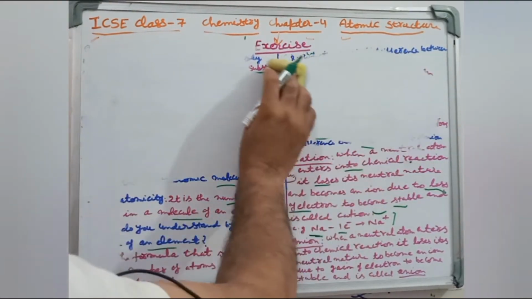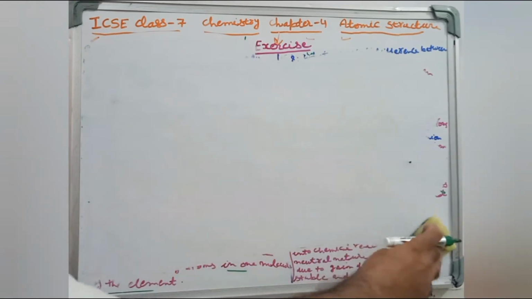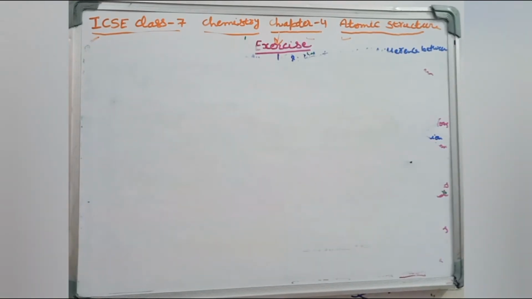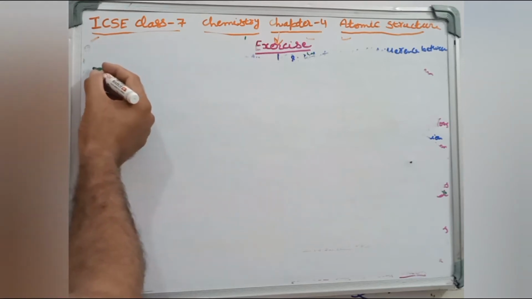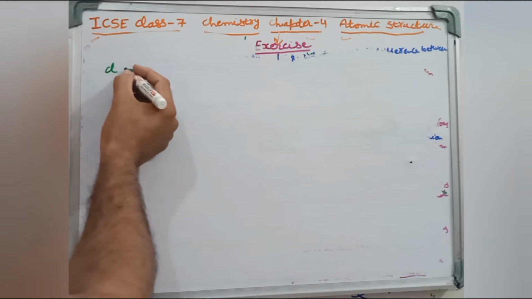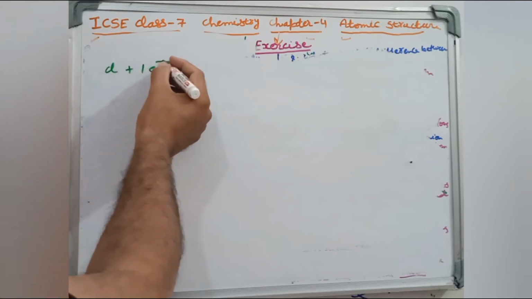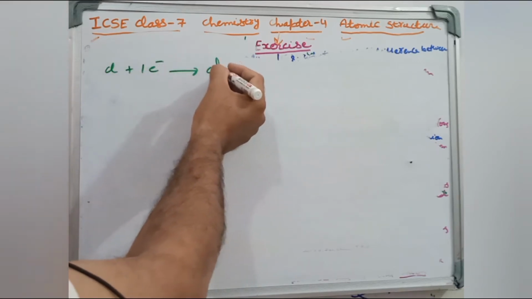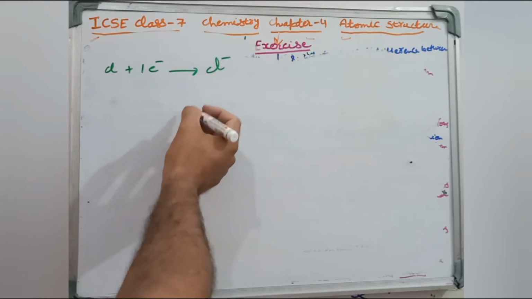Example of an anion: chlorine plus 1 electron. Here it gains 1 electron, so it will become negative.